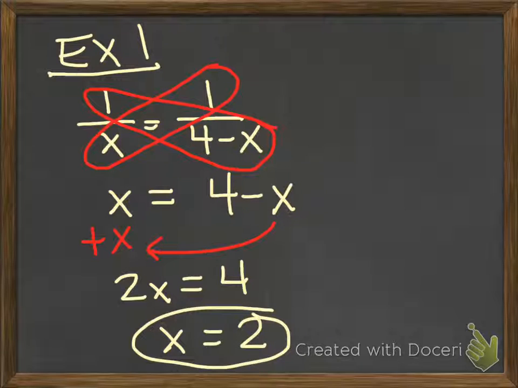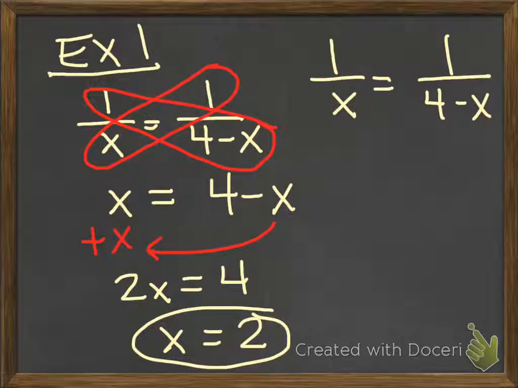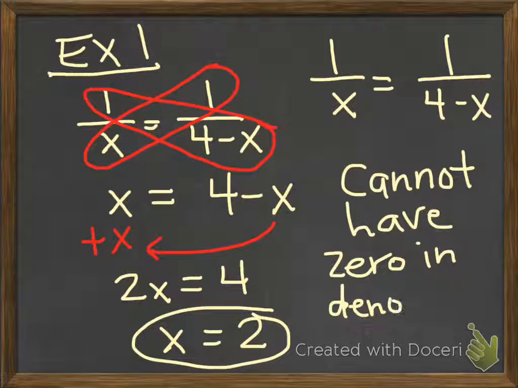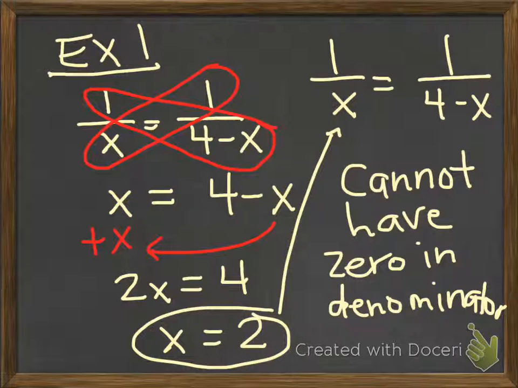Now we're going to go back and look at the problem, because we cannot have 0 in the denominator. If I put 2 in here, that doesn't become 0. If I put 2 in here, that also doesn't become 0. So we're good. x equals 2.